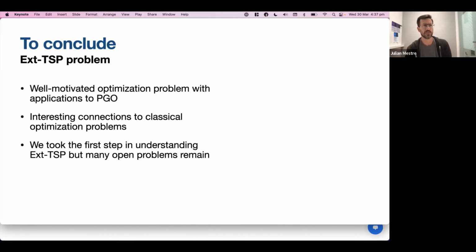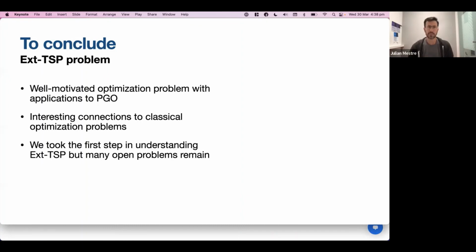That's an open source project for compilers. We landed that recently. And the problem has interesting connections to classical optimization problems, such as maximum TSP and minimum bandwidth. We took the first stab at this, but there are still many problems that remain in this space.